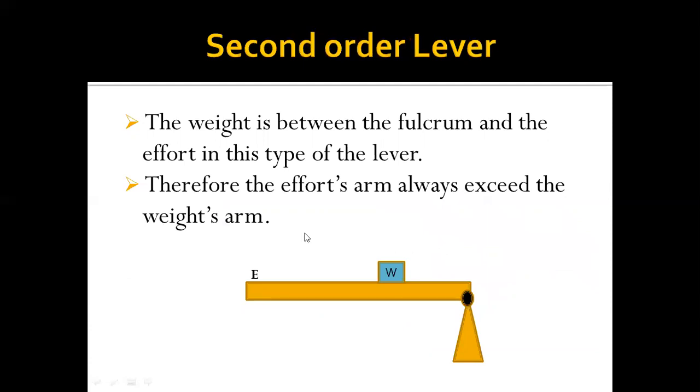Second order lever. In second order lever, the weight is situated between the fulcrum and the effort. So here, this is the fulcrum and this is the effort, and in between here is the weight. Therefore, the effort arm always exceeds the weight arm. So the effort arm would be this much and the weight arm would be only this much, right?